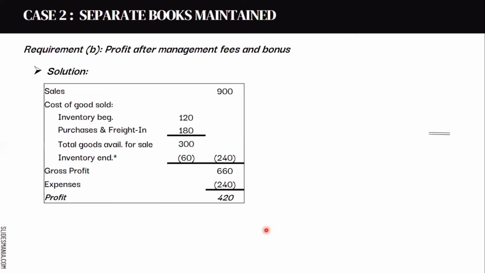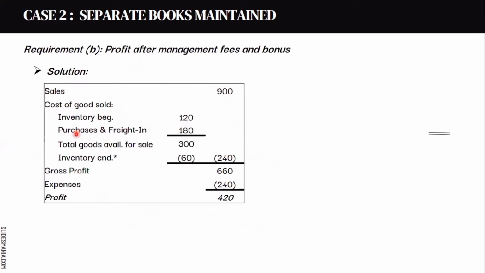So next, requirement B. We are looking for the profit after management fees and bonus. It is just like the earlier one, but here we will use this. So sales, how much are our sales? 900. So let's compute the cost of goods sold. Our beginning inventory, 120.